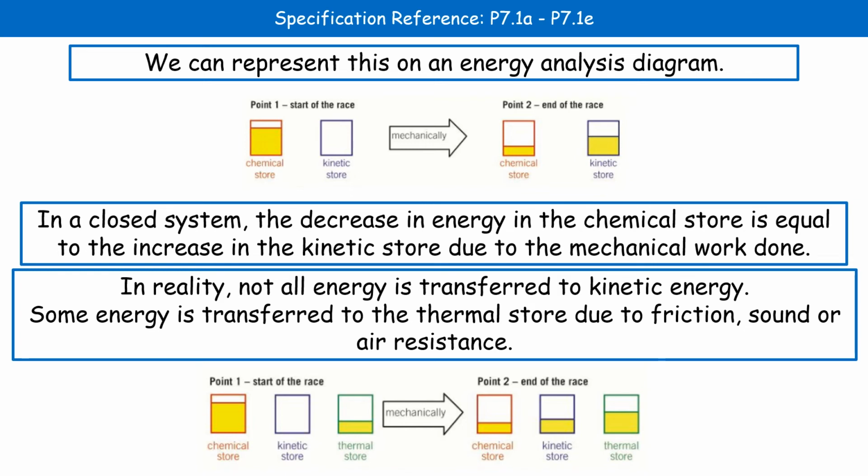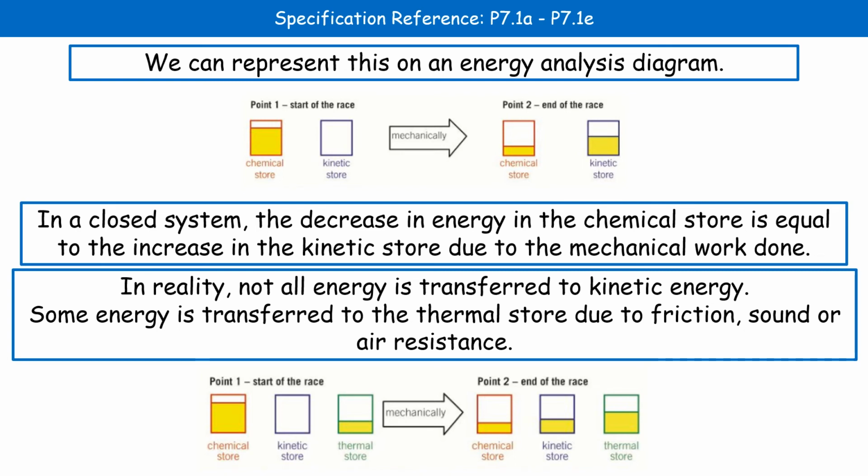The one thing to be mindful of if you're drawing one of these is you can't create or destroy energy. So our 2 boxes on the right there must add up to the same amount as was in the chemical store at the beginning. So just literally use a ruler just to measure it, just to make sure. Last thing to do is add in the way that we've changed it between those stores, and because we're talking about a car in this case, it would be a mechanical change there.